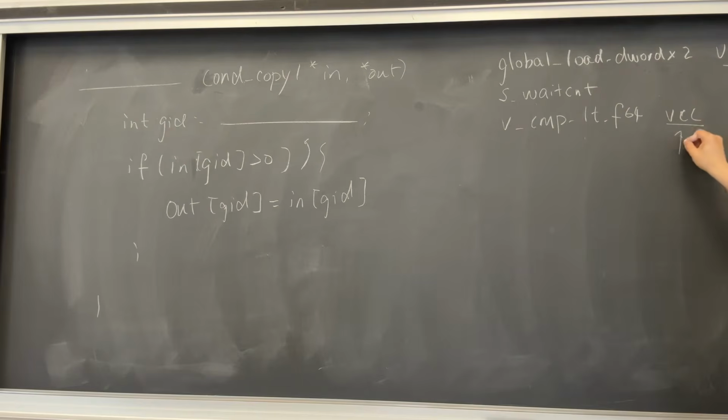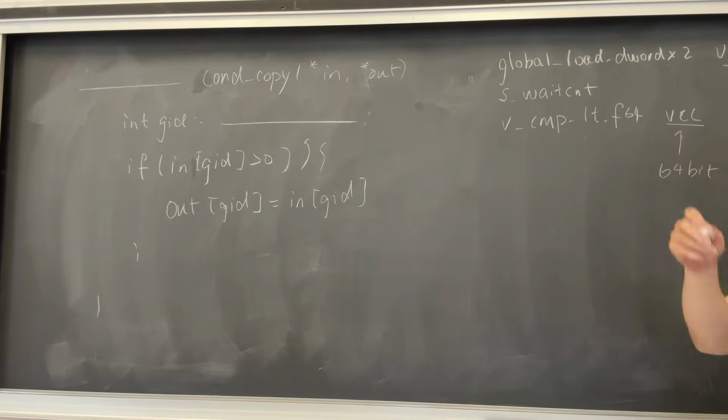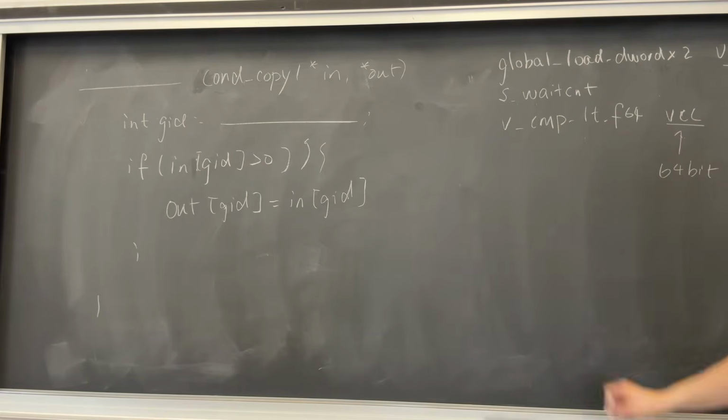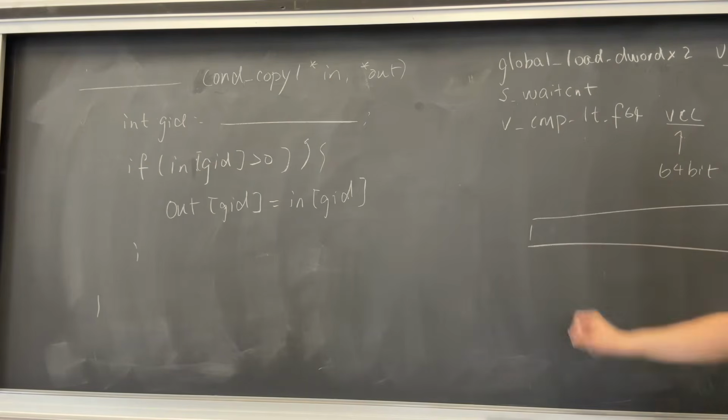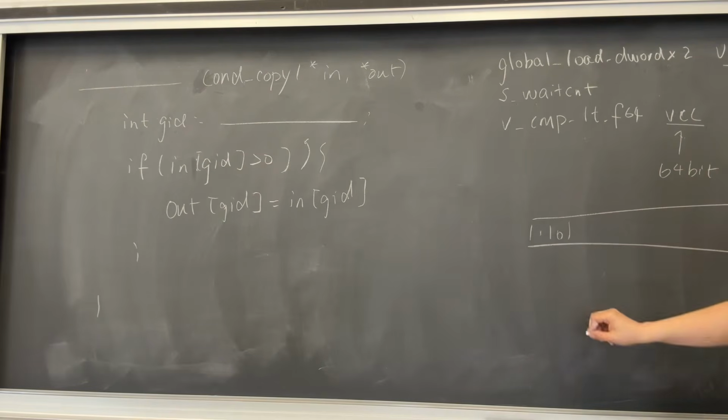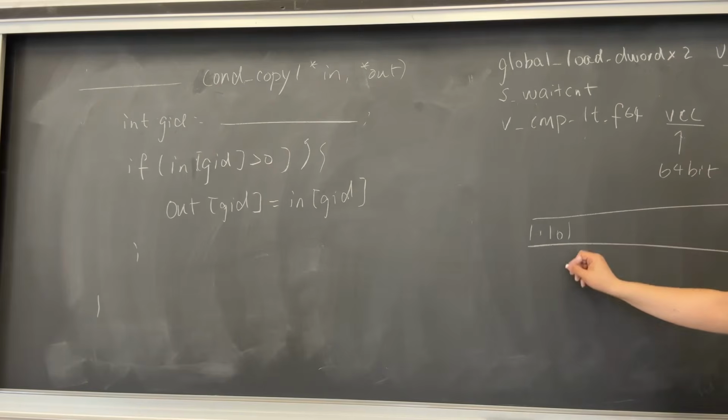VCC is only 64-bit. Assuming one warp is 64 threads, if it's less than, this bit will store to be 1. If it's smaller or equal to 0, this bit will be 0. So it's basically a bit mask to store the comparison result. The destination is VCC, and we have 0 and V45 just to make the comparison.